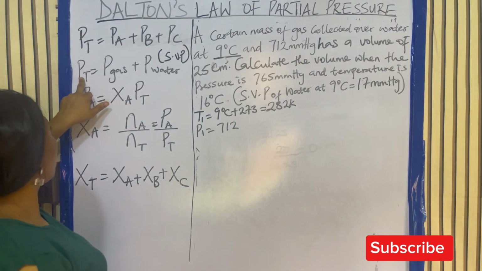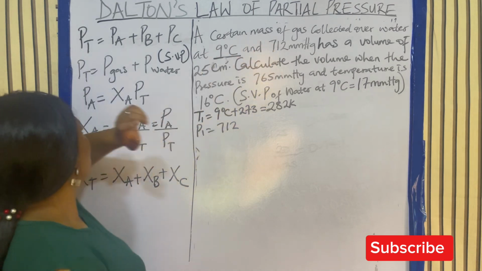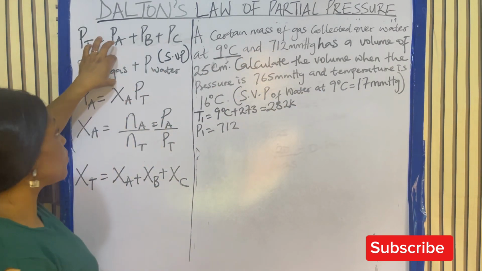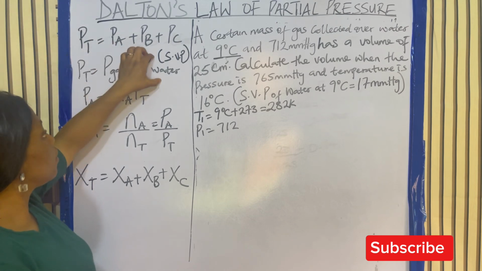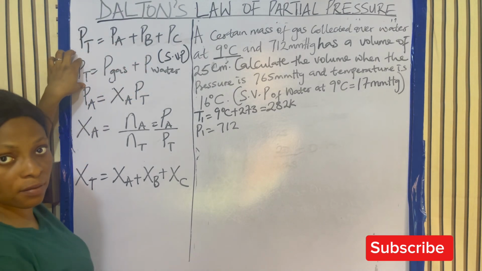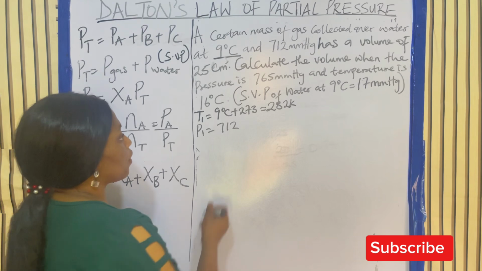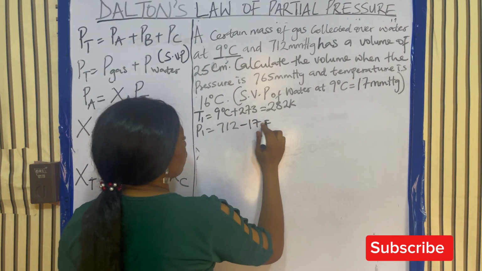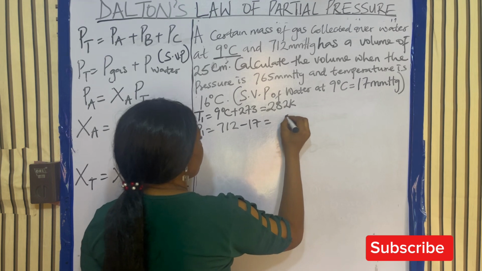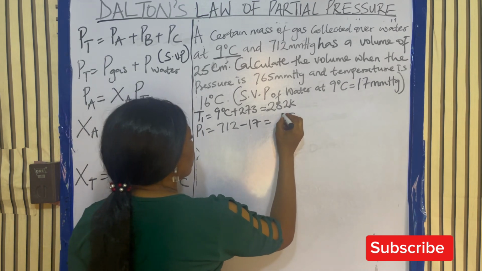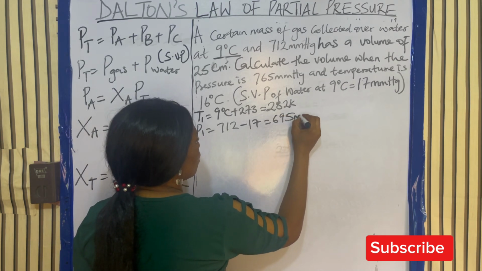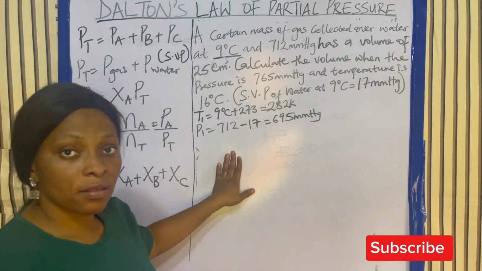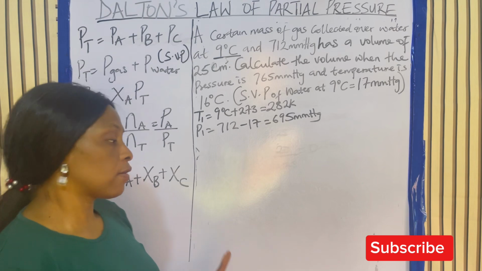P total is this, P water is this. So to get the P gas, you subtract this from this. Are we together? So 712 minus 17 gives us 695 millimeter mercury. If you fail to subtract, just know that you have failed the answer.